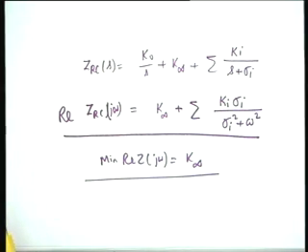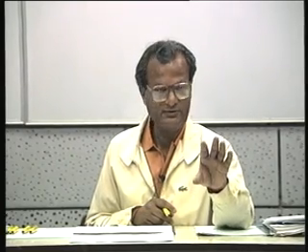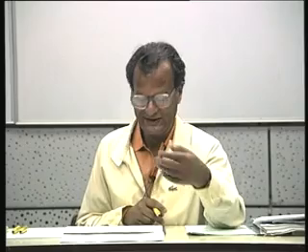K infinity therefore has a very special significance. Not only is it the value at infinity, it is the minimum value of the real part. Previously we took s equal to sigma, that was to find the slope. If you want to find the real part on the j omega axis, this is what you have to do.